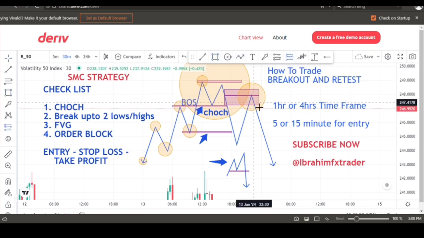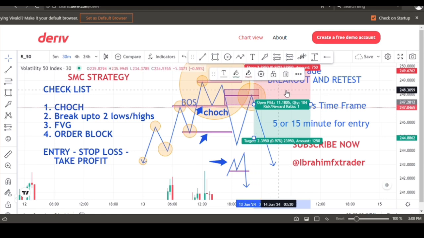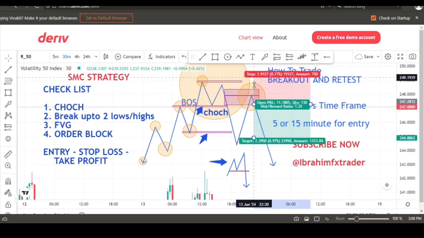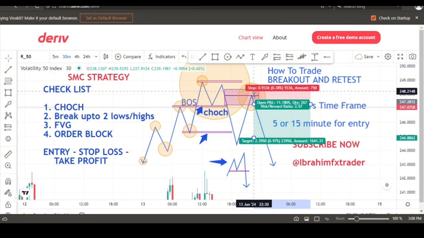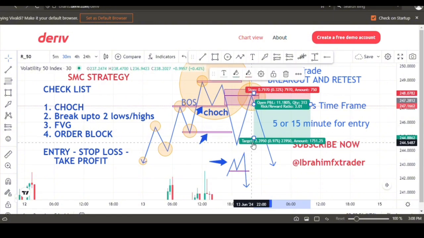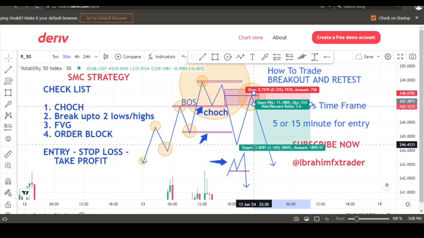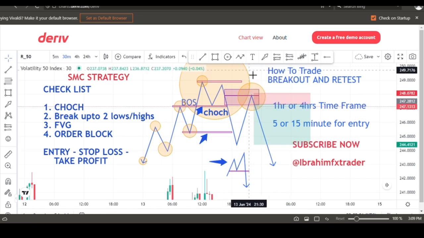After entering the trade, you are going to set your take profit. You are going to enter the trade maybe somewhere here after you have confirmed your entry on the 5 minutes time frame. So enter your entry here, set your stop loss above the higher high after getting your change of character.